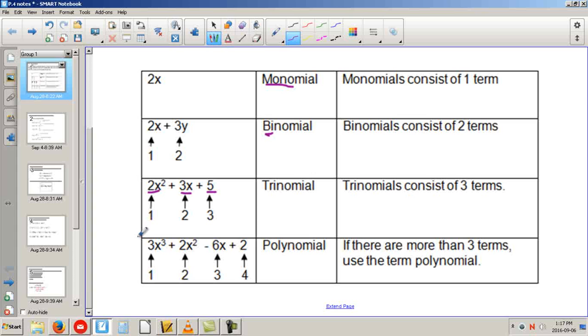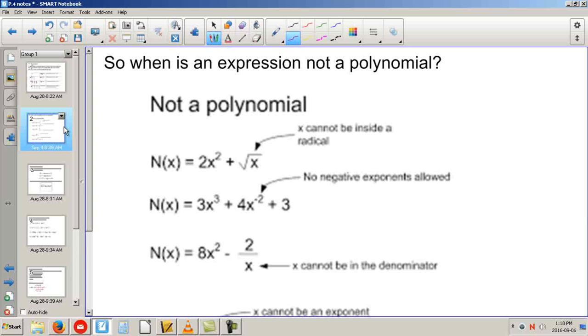And then a polynomial could mean a binomial or a trinomial or something bigger. Typically when we say polynomial, we're thinking bigger because there are these other names, binomial and trinomial, that cover that base. But the idea is you're going to see multiple x's and different exponents added or subtracted together. That's sort of the goal there.